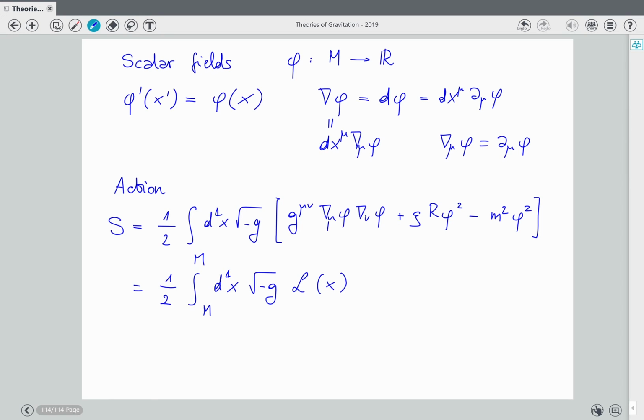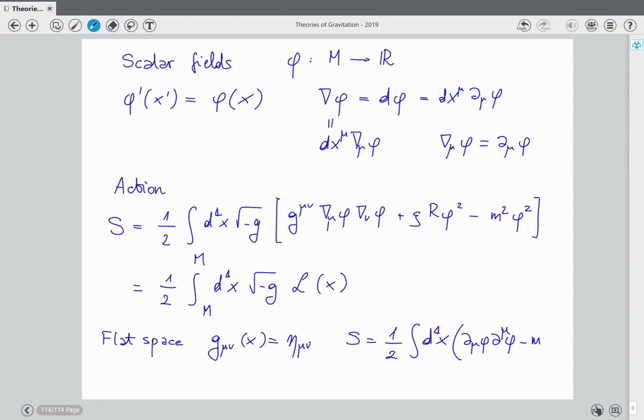In flat space, which means when the metric tensor is just eta mu nu, there is no curvature, and the action is just the usual action with a kinetic term and a mass term.